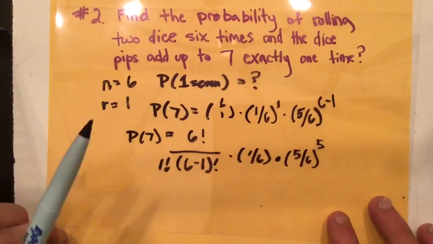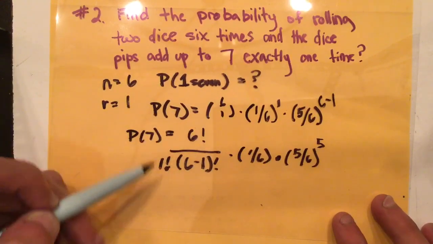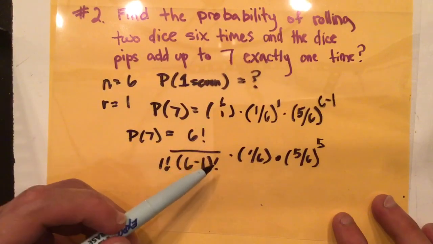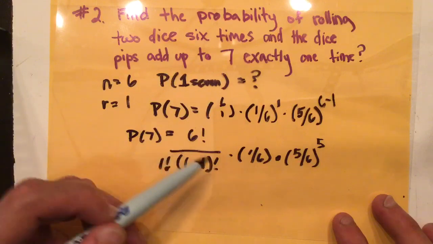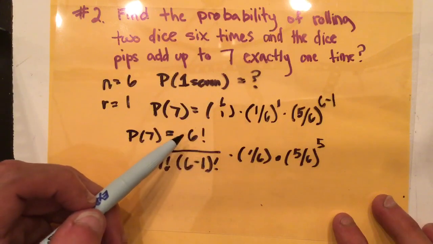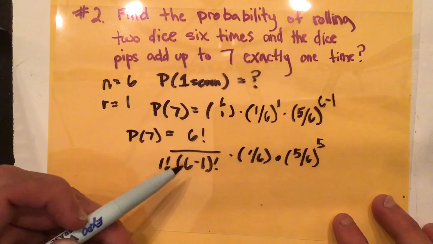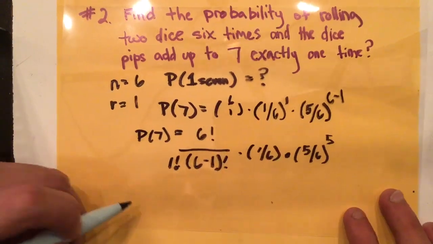Once we have that, 1 factorial is just 1, and 6 minus 1 factorial is just the same as 5 factorial. So really we have 6 factorial divided by 5 factorial here, times all this over yonder.